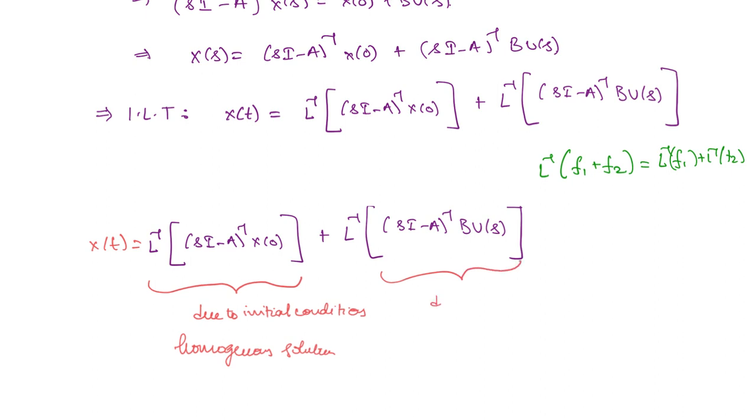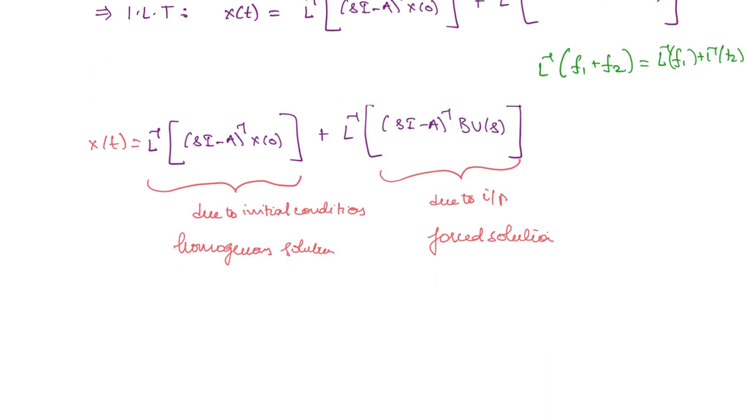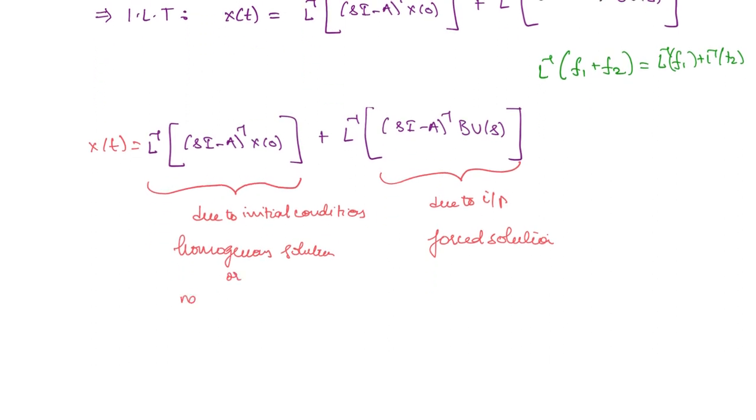It is due to the input and it is called the forced solution. So we can divide it into two parts. You can write the different names as well here. In the exam, whatever name is given, you will be able to understand. It is also called the natural response, or you can also call it the free response.